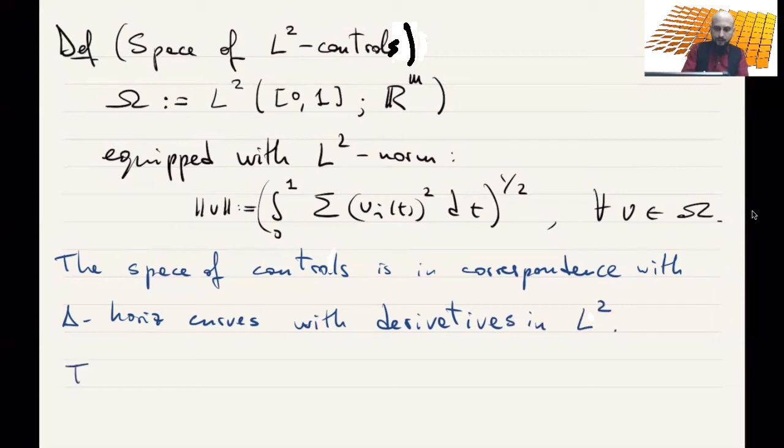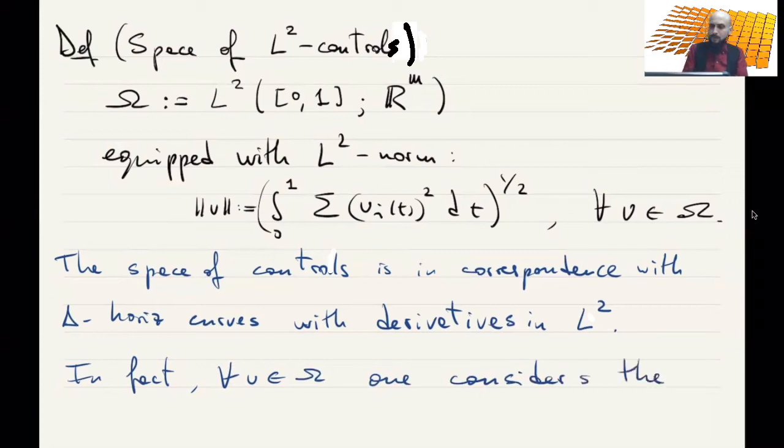And in fact, for all u in omega, one considers the system of ODE.